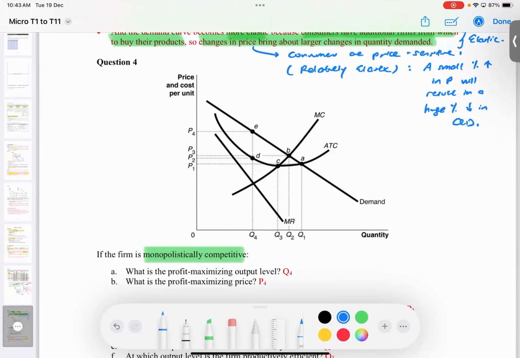Again, you look for MC equals MR. The intersection is here, and that's the profit maximization point. This is the quantity you should be selling at, and at what price? You plot upwards. The selling price is at point E, so to be exact, we call it P4.